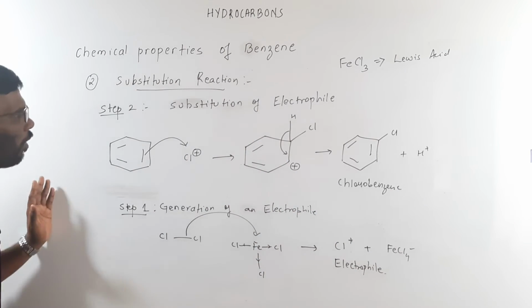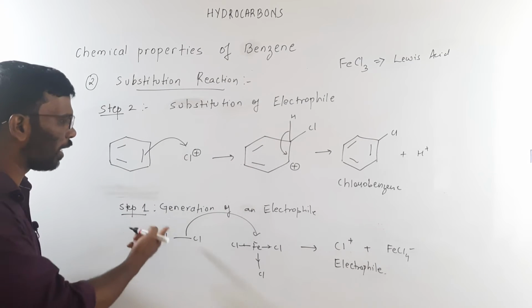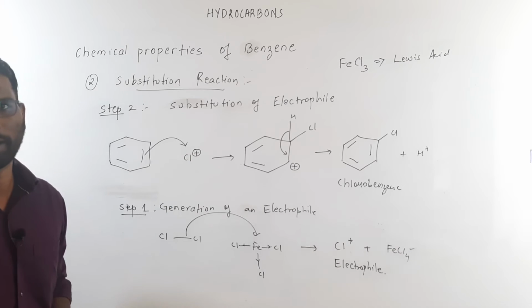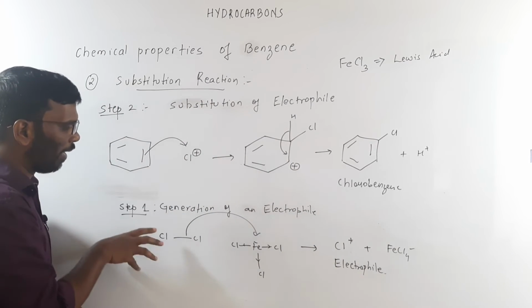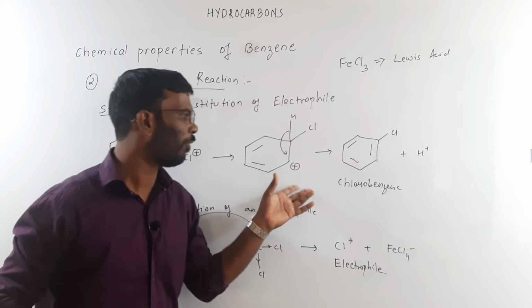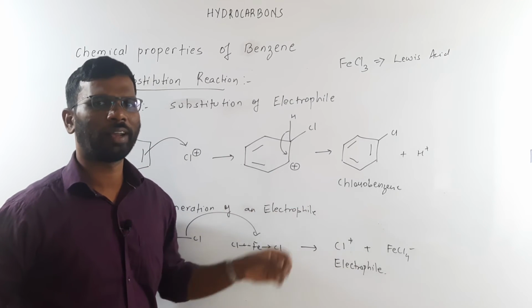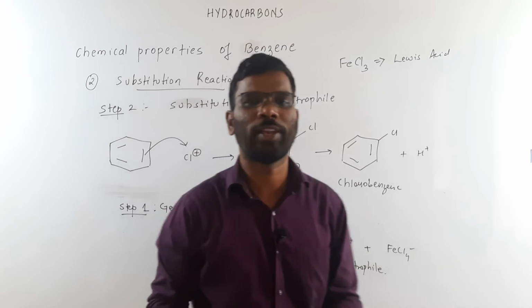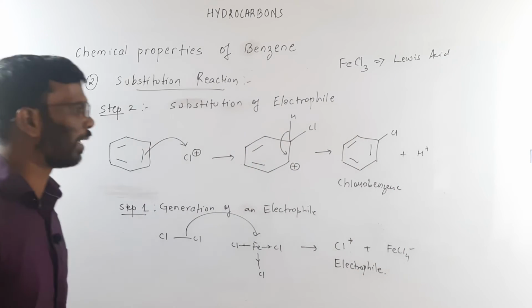That is the electrophilic substitution reaction; it was a chlorination reaction. So the electrophile will be there and it will be substituted. Then every time this hydrogen will be left to stabilize the positive charge which is being formed over here. Any electrophilic substitution taking place in benzene will go with this mechanism only.